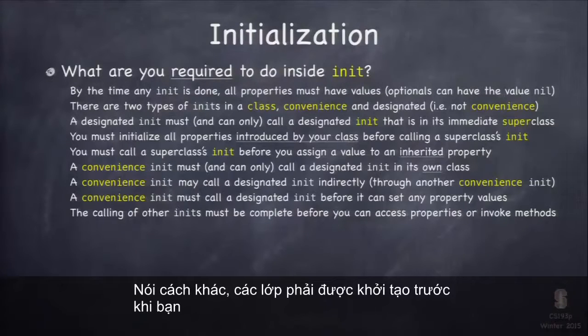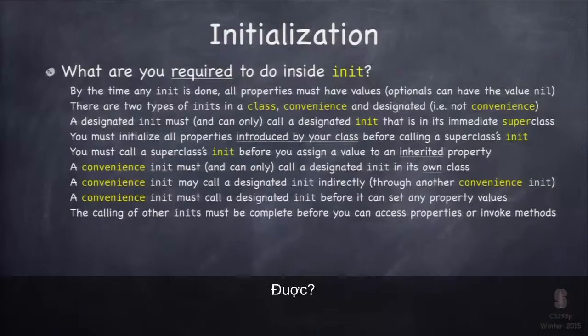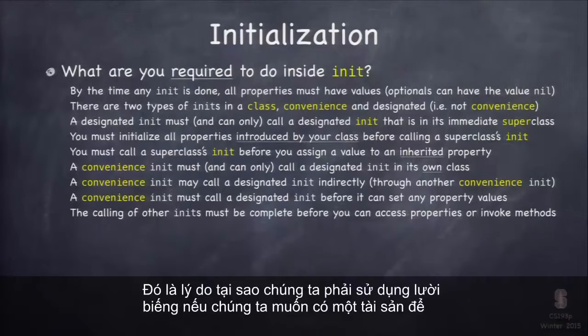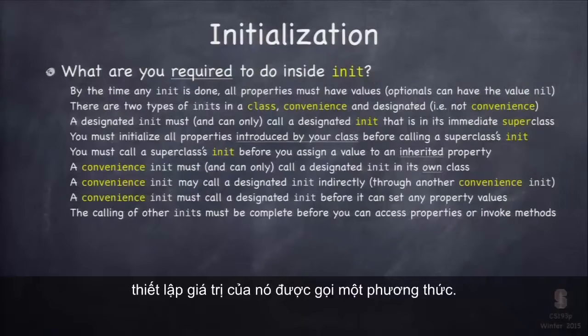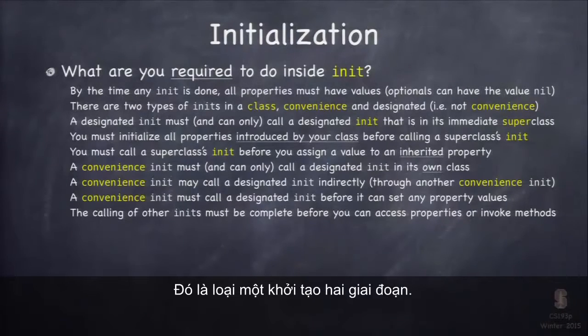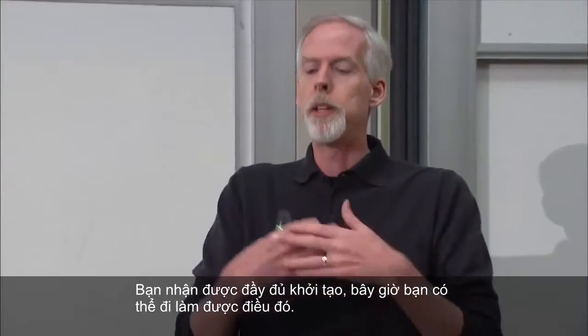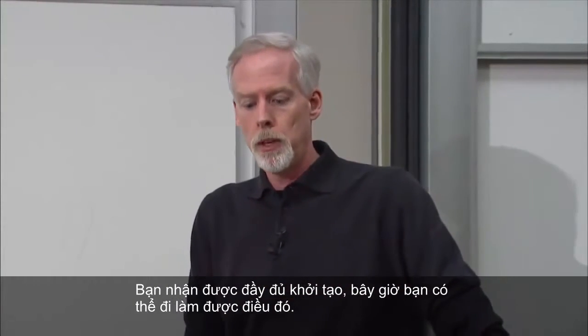In other words, the class has to be initialized before you can start calling methods and properties. That's why we have to use lazy if we want a property to set its value by calling a method, because we can't do it non-lazily, since we wouldn't be initialized at that time. We'd still be in the process of initializing. It's kind of a 2-phase initialization. You get fully initialized, now you can go do that.